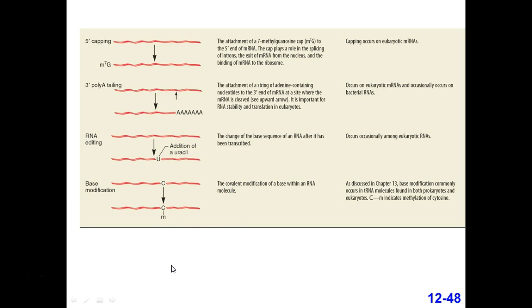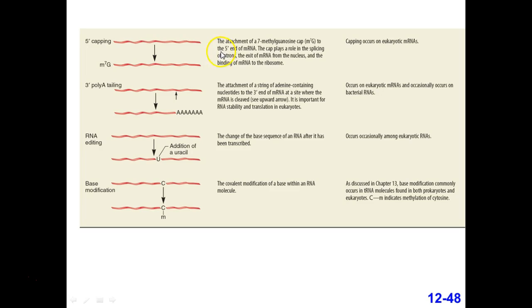So the other thing that is somewhat to our benefit, and again, this probably has to do with the fact that this message really does travel, unlike in bacteria, where it can be right there being made off of the DNA and already be utilized by the ribosomes. Messenger RNA for eukaryotes travels out of the nucleus. So it makes sense for certain modifications to happen. One of the things that happens is they attach the 7-methylguanosine cap.